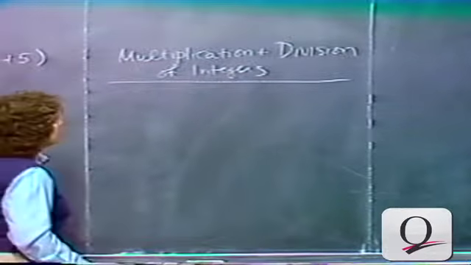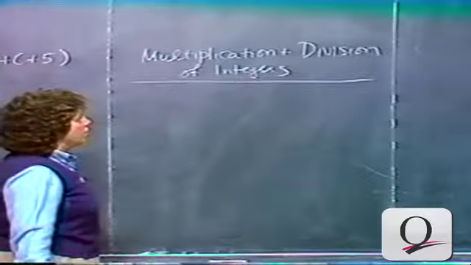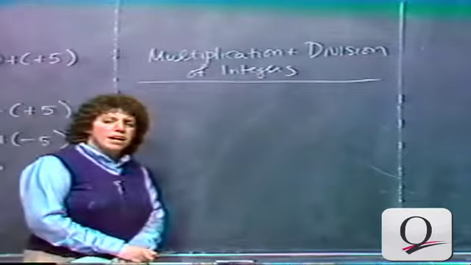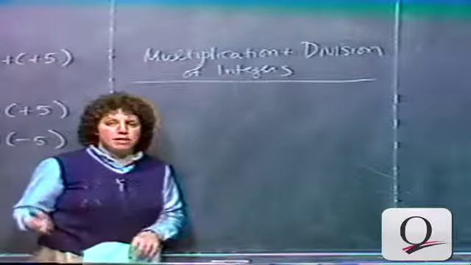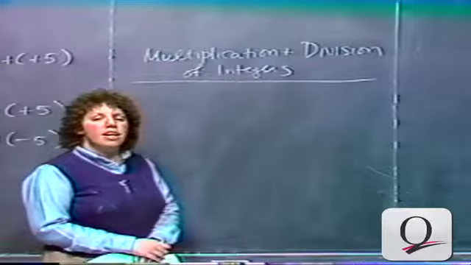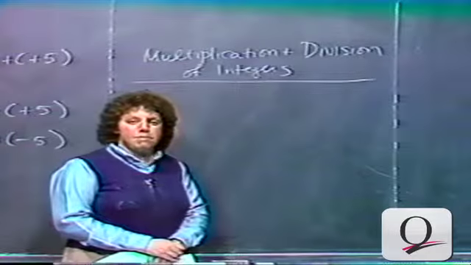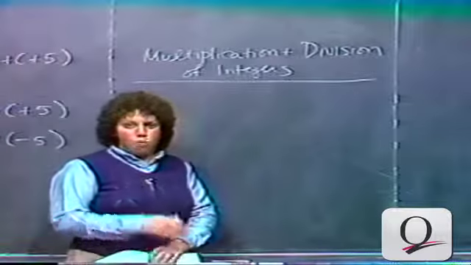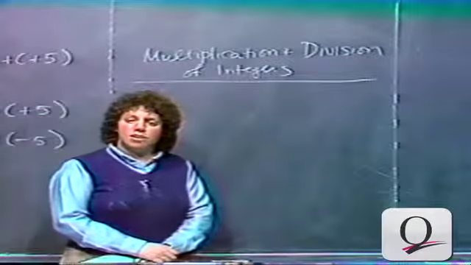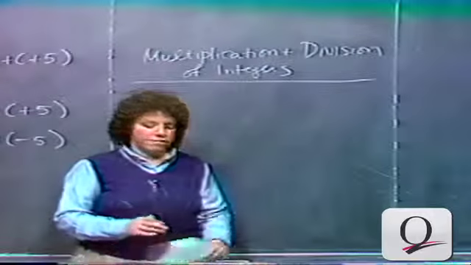When you are multiplying or dividing two signed numbers, mentally block out the signs and perform the corresponding multiplication or division. Then go back and look at the signs. If the two signs in the problem were the same, the answer should be plus, whatever you found. And if the two signs are different, the answer should be negative.